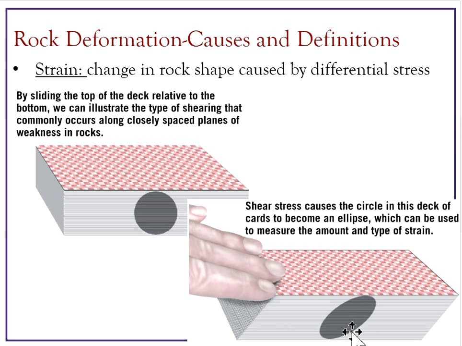And then the circle we marked on the side of the deck is going to change to more elongated ellipsoid kind of shape. By actually looking at this shape, we can identify the directionality and intensity of the stresses we are applying to this deck of cards.